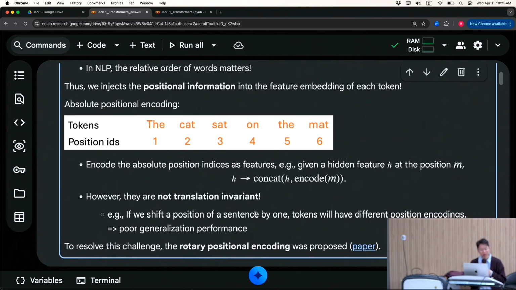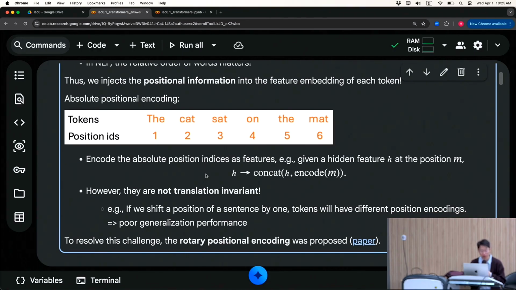However, this is not translation invariant, meaning let's say I add a word in the front here. Say the token is HMM. So now the positional index shifts by 1, but carries pretty much the same information.